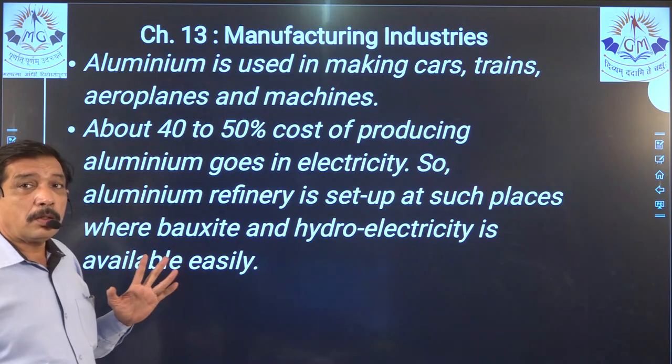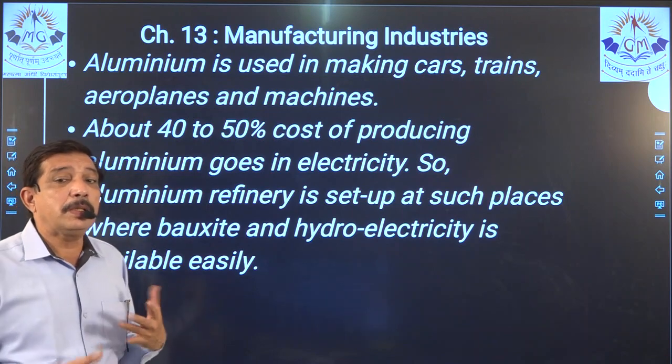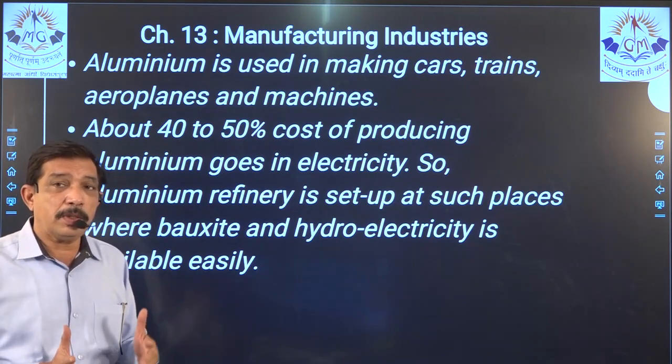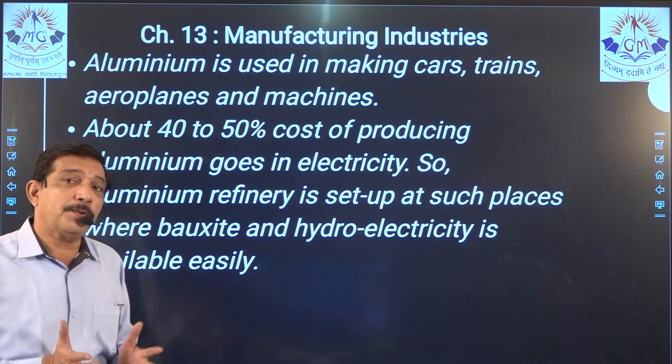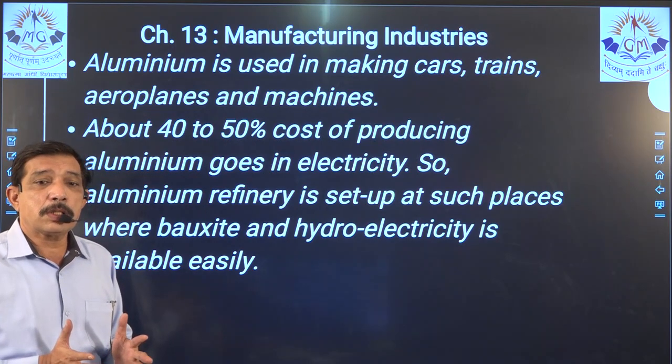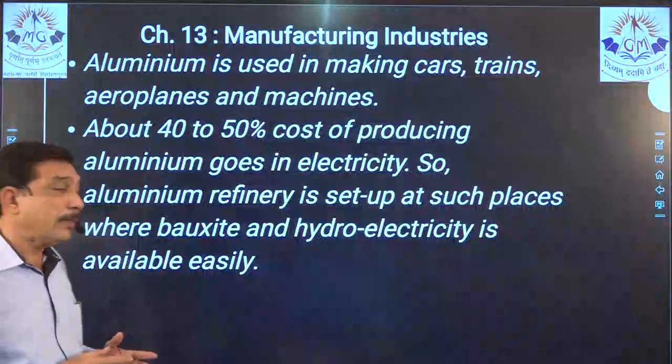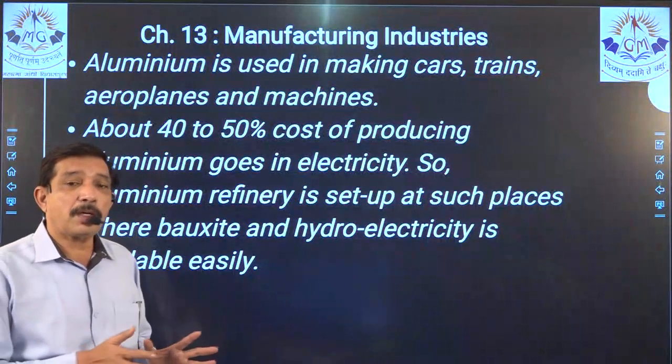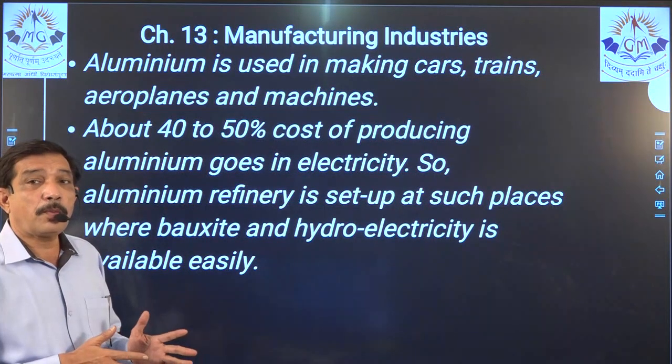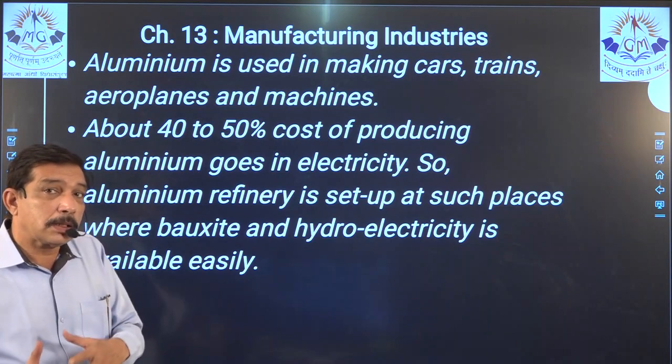Now the main drawback about aluminum: what is the cost of aluminum? Out of that cost, 40 to 50% goes in electricity. So aluminum refineries should not be very far away from where bauxite or hydroelectricity is available.